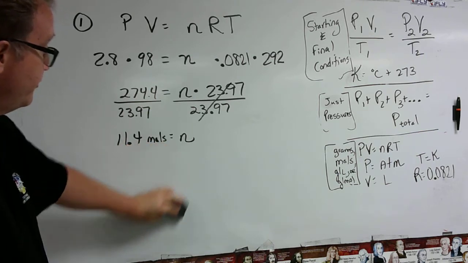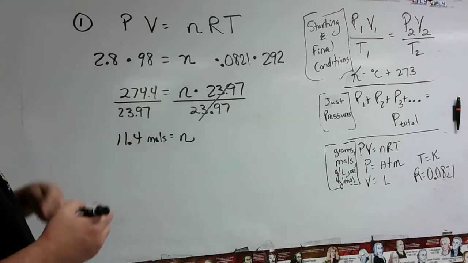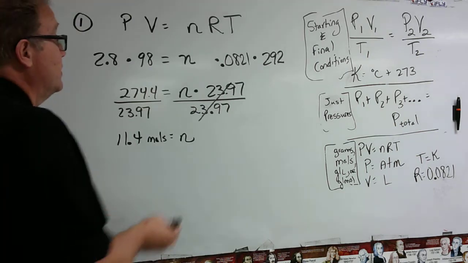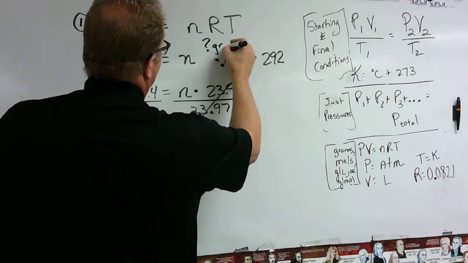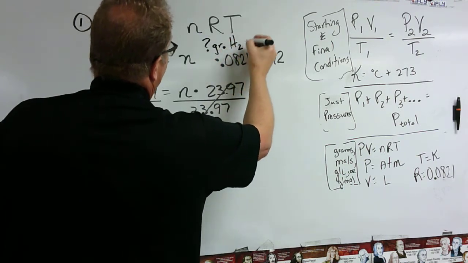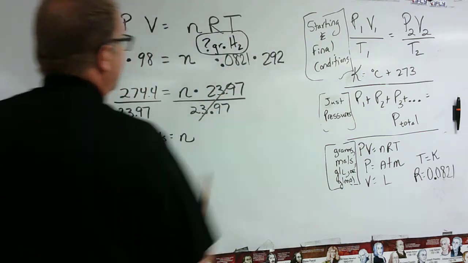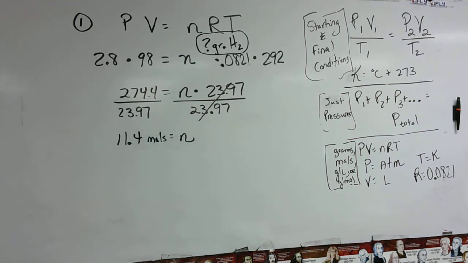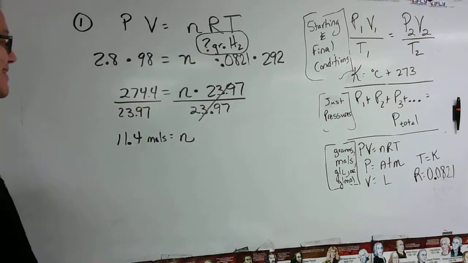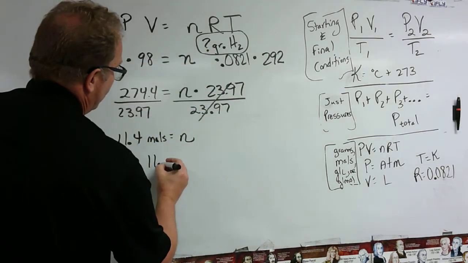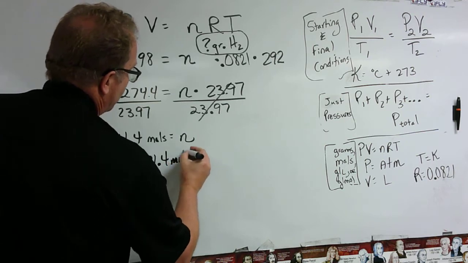Now, of course, if it asks for grams, let's say it asks for how many grams of hydrogen gas, and that's hydrogen gas, H2, then you're going to add to it. Now in number 1, you're going to notice it just asks for moles, so that would be my endpoint, but if I extend it, I can go 11.4 moles.